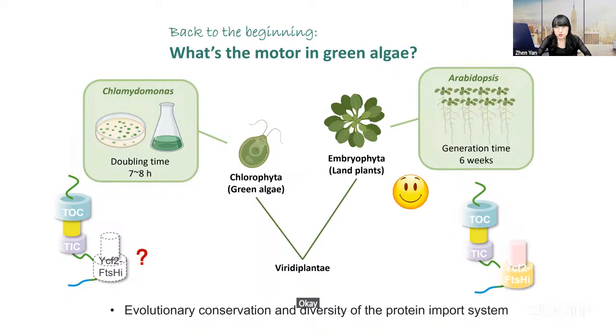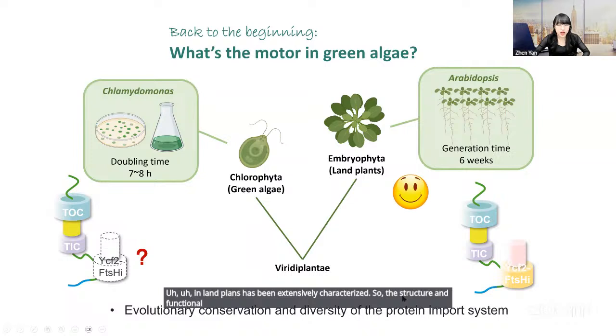Okay, the story, however, does not conclude here. While the translocon and the motor in land plants have been extensively characterized, the structure and functional organization of the motor complex in green algae has remained elusive.